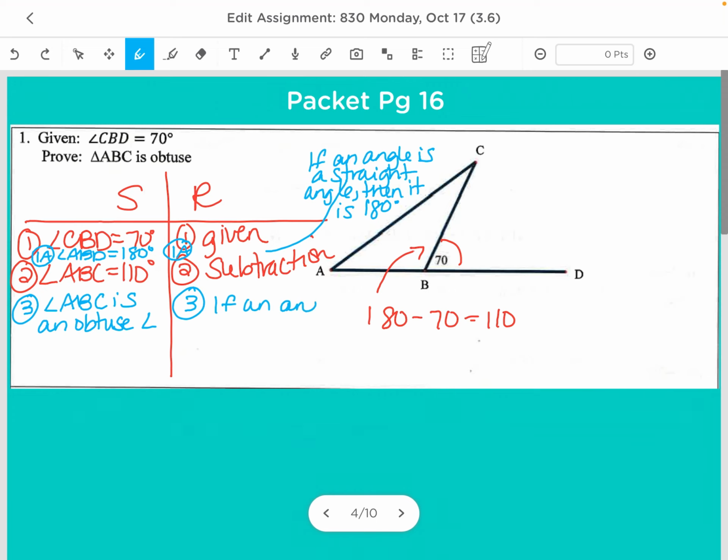So if an angle is greater than 90 degrees and less than 180 degrees, then it is obtuse.